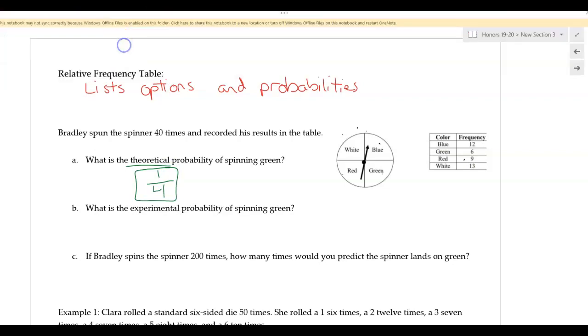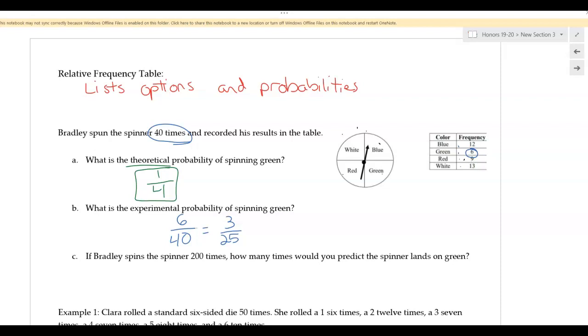What is the experimental probability of spinning a green? I'm going to come over here. Experimentally, I got a green 6 times out of 40, which is 3 out of 25.